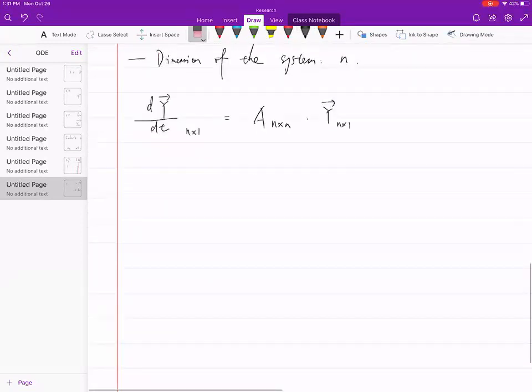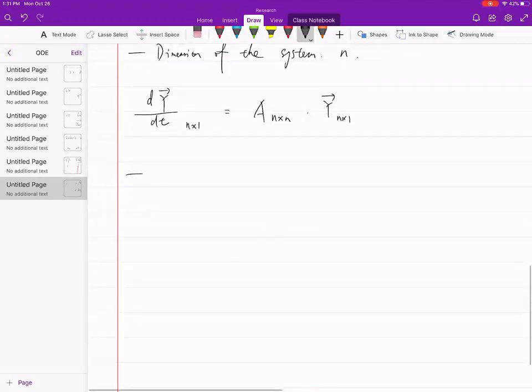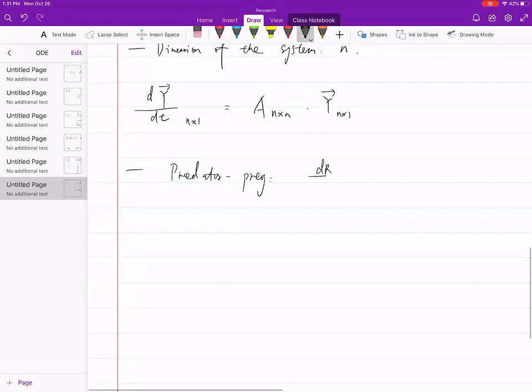All right. So everything we learned before, are they linear systems? Well, we have predator and prey. Are they linear? Up to this point, no, not linear.